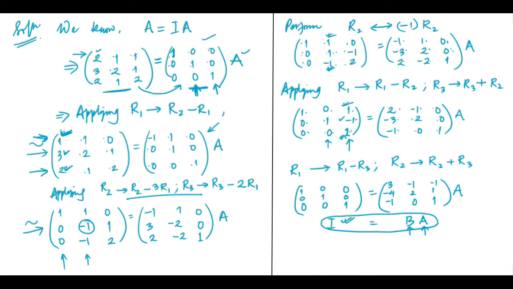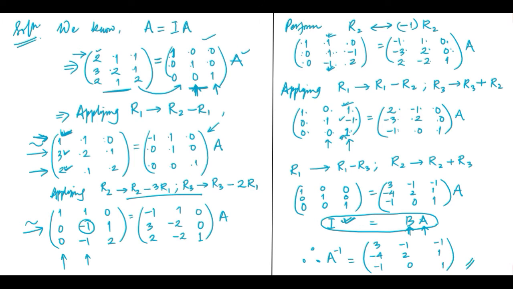B is A inverse, otherwise you will not be able to get I. Therefore A inverse is equal to the resultant matrix here: 3 minus 1 minus 1, minus 4 2 1, minus 1 0 and 1.